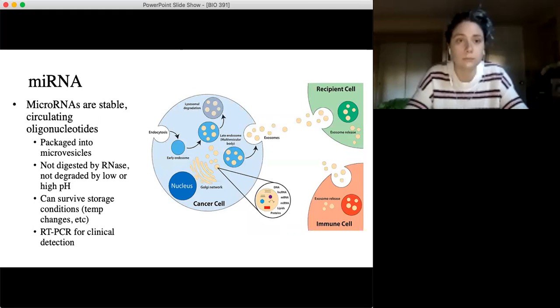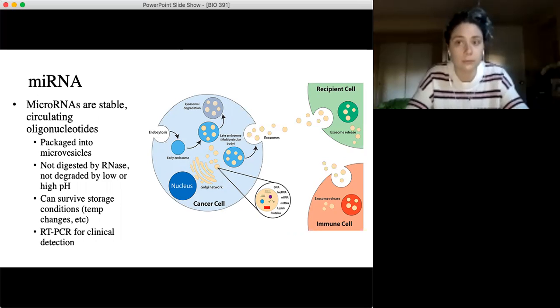So the next measure is microRNA, which are also circulating in the bloodstream, but these are RNA and not DNA. These are also a little bit different from ctDNA because they're packaged into exosomes. And these are very stable because they're not degraded by enzymes or changes in pH, so they can live in the blood for quite a while.